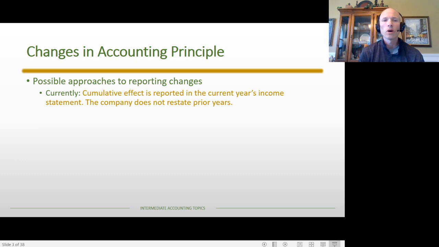And so there's a cumulative effect on income year over year over year. If you use this approach, basically you don't restate anything in a prior year, you don't change anything, you just kind of accumulate the effect on this year's income statement. And so if your income over the last 5 years would have been $20,000 more, you just have that as an additional item on your income statement in the current year. Again, that's just one approach.